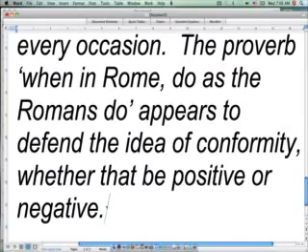Okay, now we're going to share a thesis, and this thesis is going to both support and refute the idea that conformity is a positive thing.